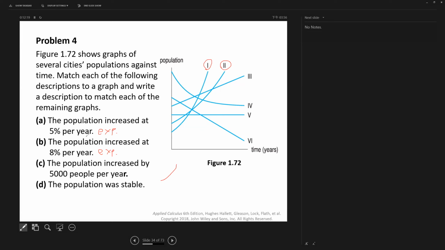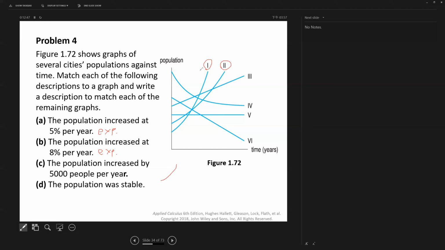So I guess if I give you one, you will figure out what the other one is. Let's do A and B together. 8% clearly is the one that's growing faster. Comparing 1 and 2, which function do you think grows faster? Another way you can think about this is which graph shoots upwards faster?